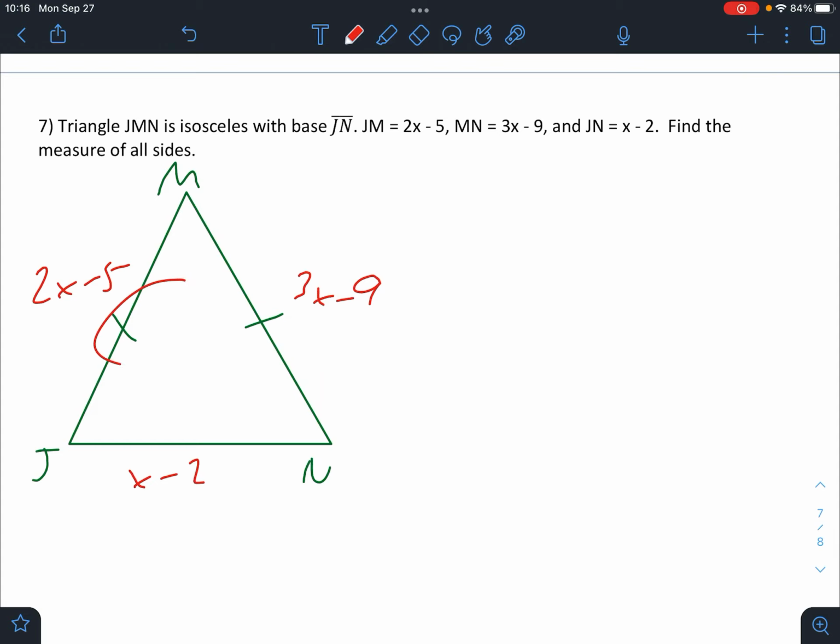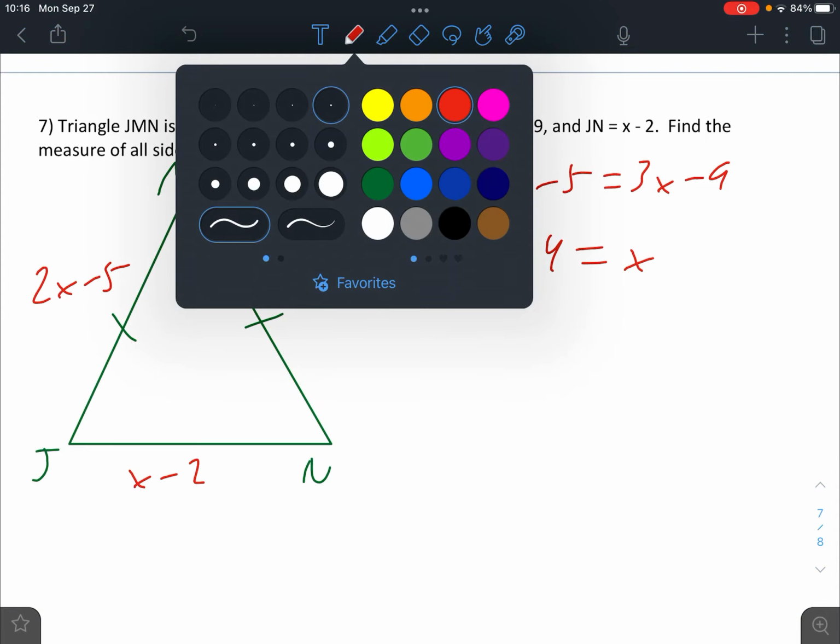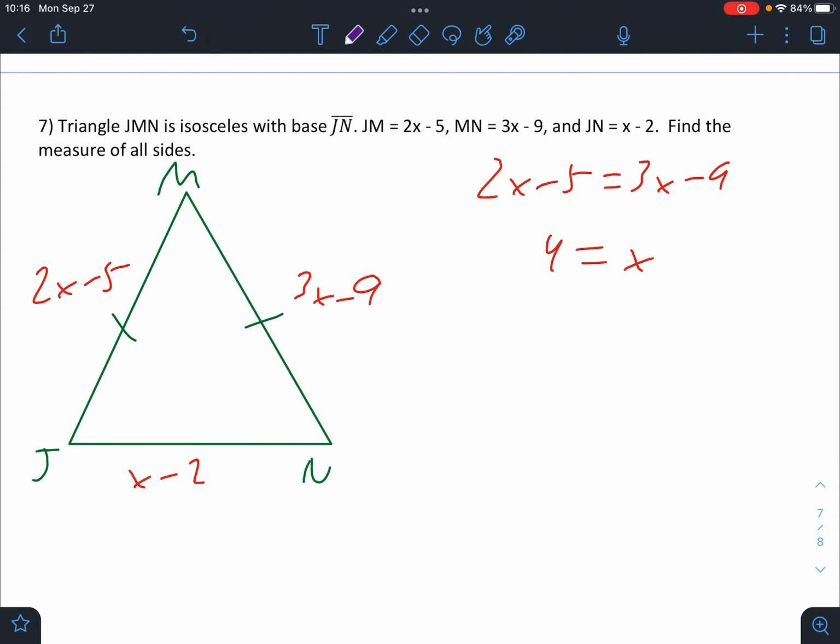Because we know these 2 are equal, we can ignore this and just set these 2 equal to each other. If you solve that, you get x is equal to 4. So finally it says to find the measure of all 3 sides, put 4 back in. JM would be 3, MN would be 3, and JN would be 2.